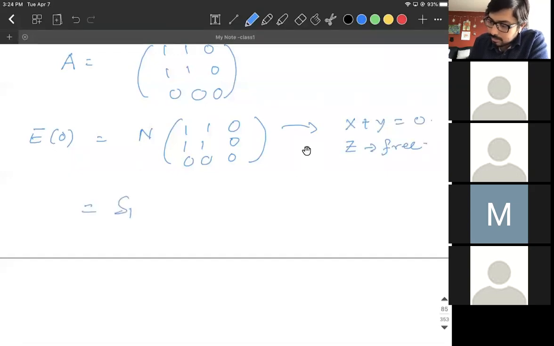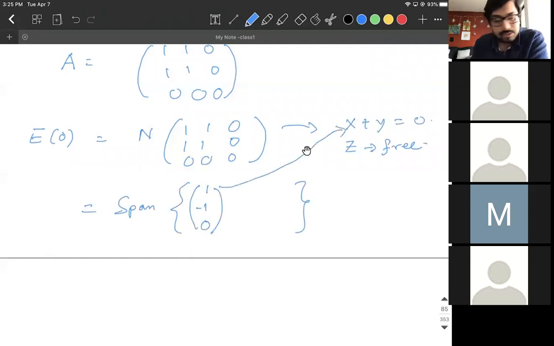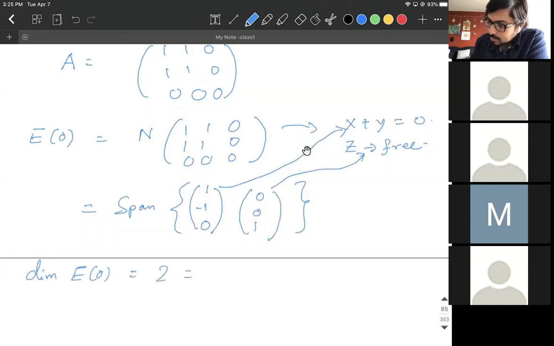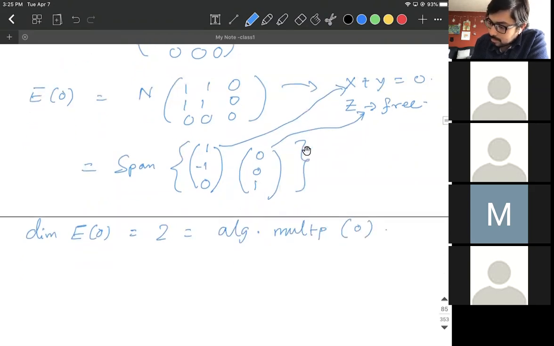And hence, this is given by the span of 1, minus 1, 0, coming from the equation x plus y equals 0, and 0, 0, 1, coming from the free variable. And hence, the dimension of E0 is once again 2. So this is equal to the algebraic multiplicity of 0.